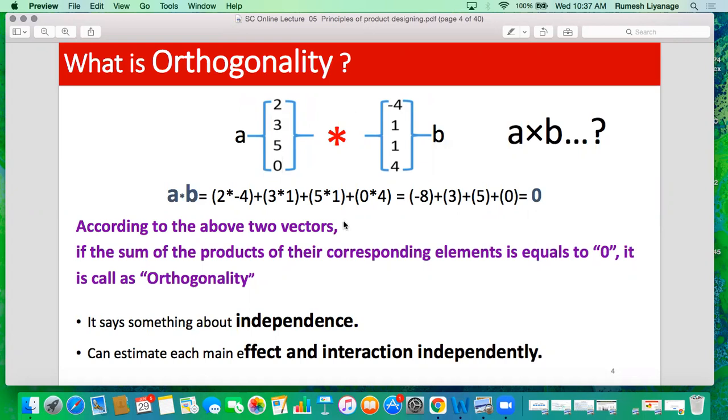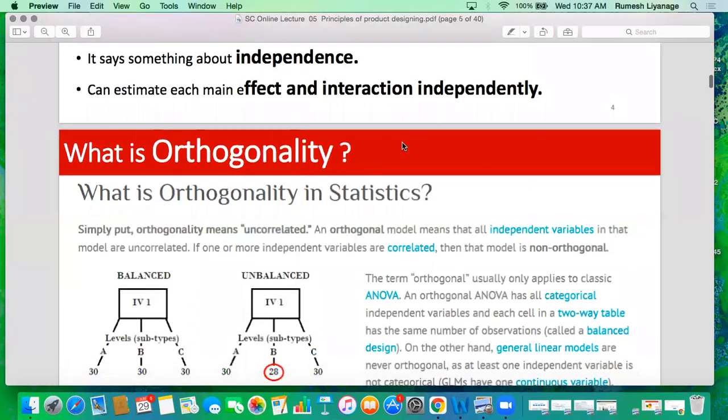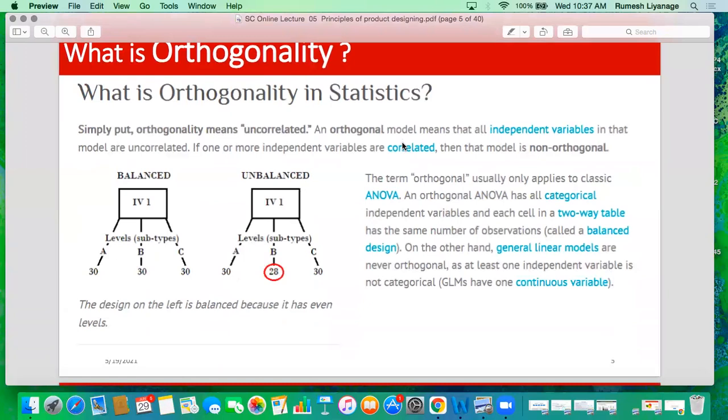It means independence, right? Orthogonality always shows independence, and also there are effects and interactions as we discussed in the previous discussion. So I will explain this further.